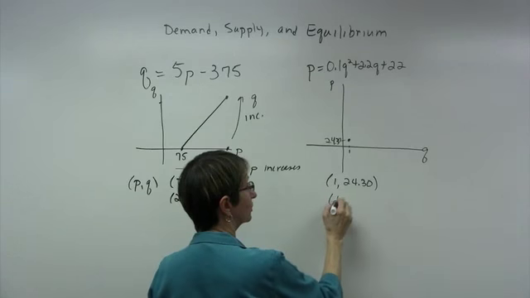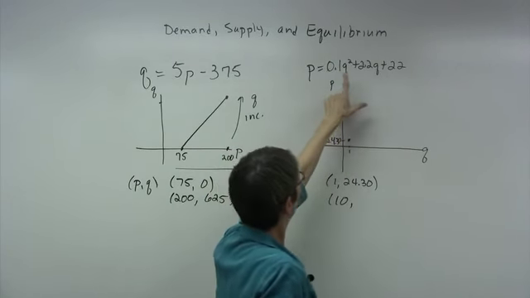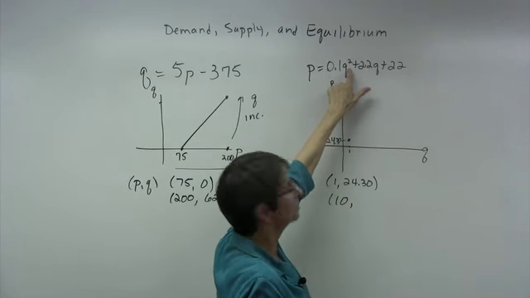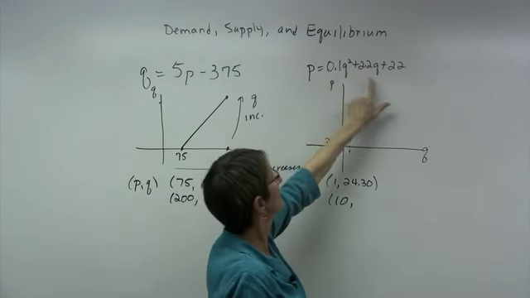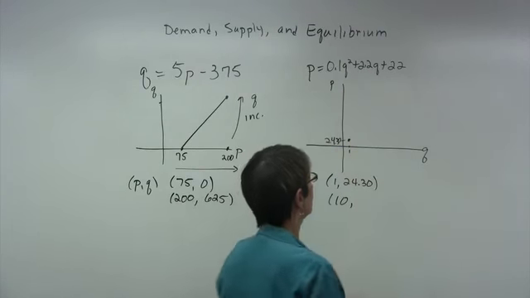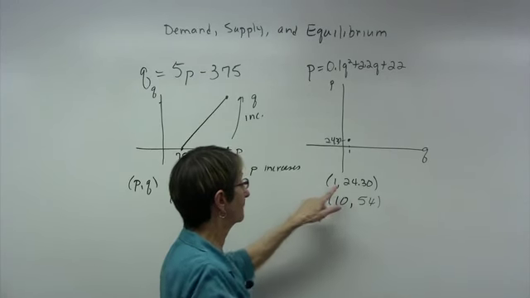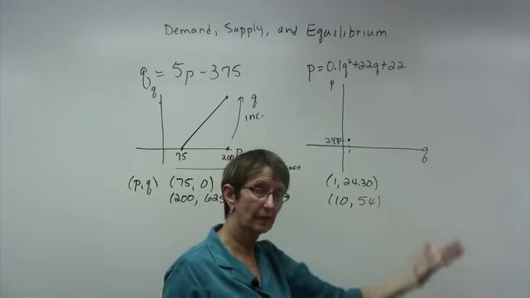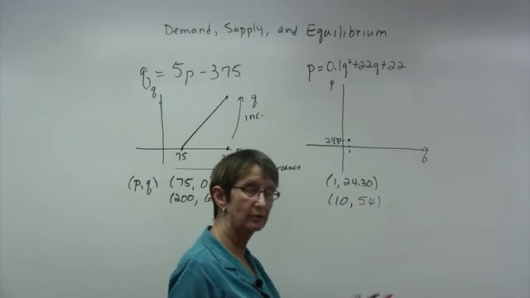Let's say Q is 10. 10 squared would be 100. 1/10 of 100 is 10, plus 2.2 times 10 is 22, plus 22 gets us to 54. So if one item is available at $24.30, that's what the suppliers gave.